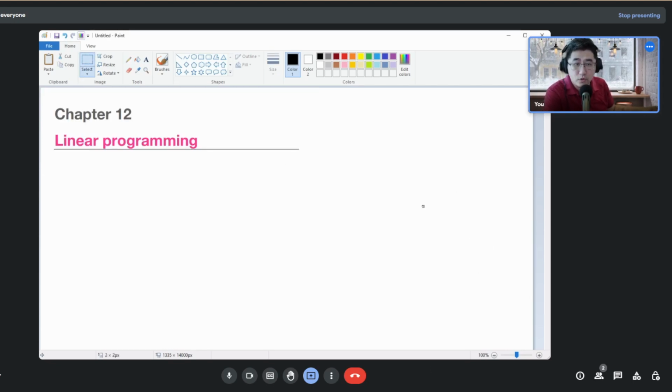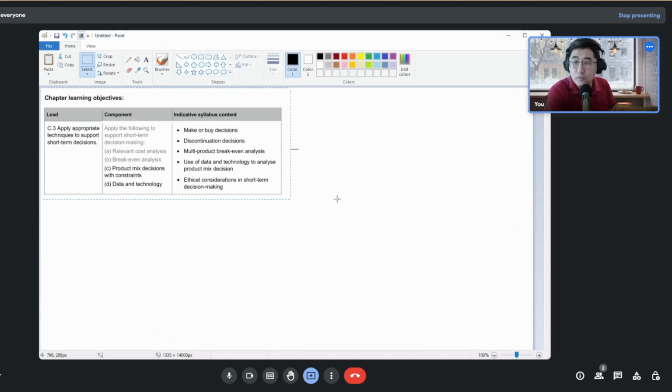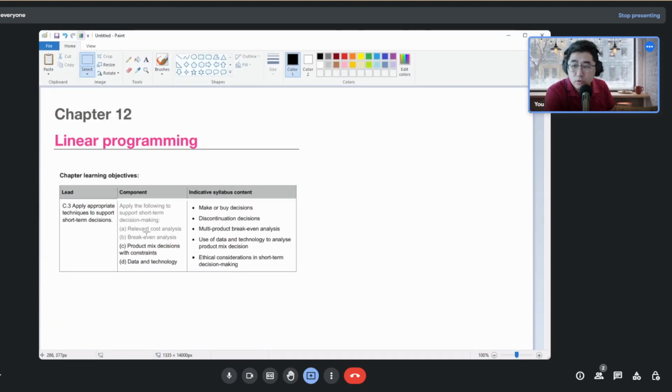From this chapter, we're going to look at how to actually solve optimization problems. If you look through the chapter learning objective here, it says to apply appropriate techniques to support short-term decisions.